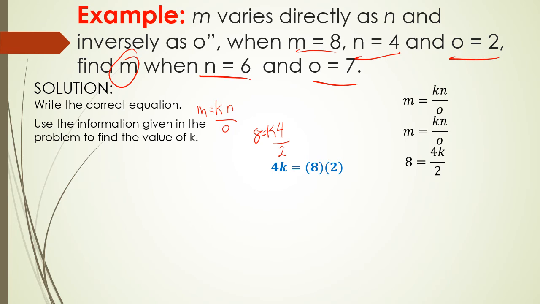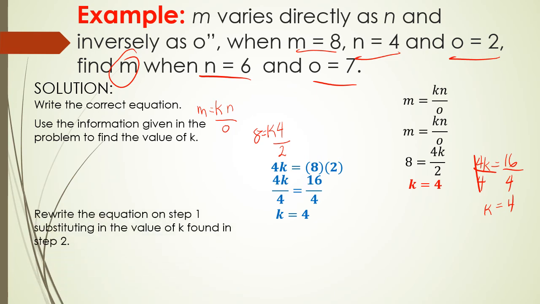So, 4K is equal to 16. Divide both sides by 4. K is equal to 4. So, tingnan natin kung magiging tama siya.